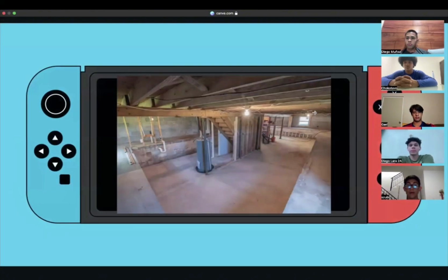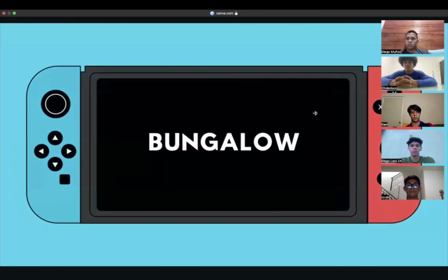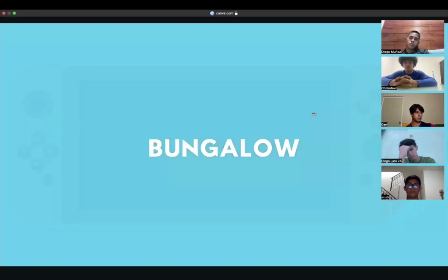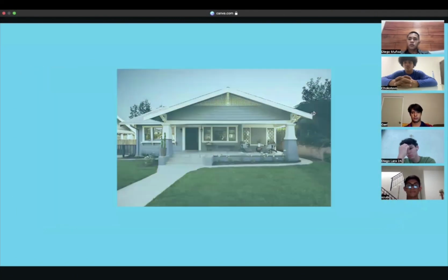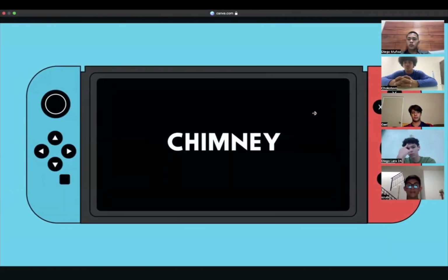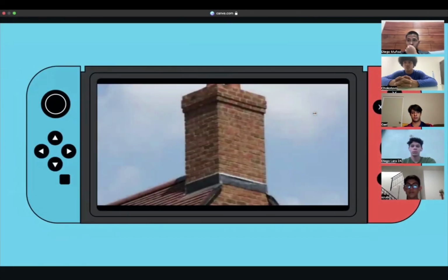It's the lower part of a house below the ground level. We have now the bungalow. It's just a one-story house, not too big. The chimney, a structure that lets smoke escape from a fireplace.